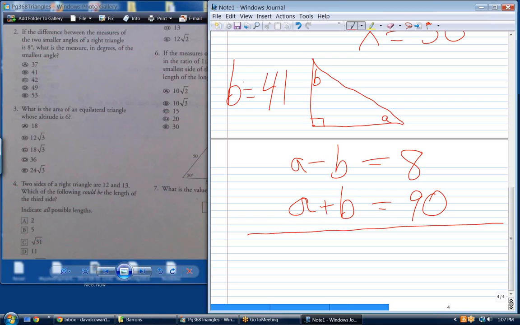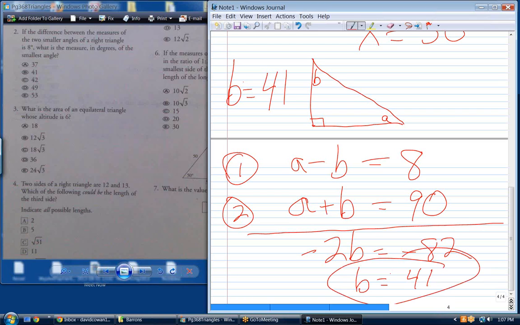Notice what we get if we subtract the second equation from the first: the a's disappear, we have minus b minus b, that's minus 2b, and 8 minus 90 is minus 82. So when we solve for b directly, we get 41 directly. It's actually a little bit quicker to subtract the two equations rather than add them.